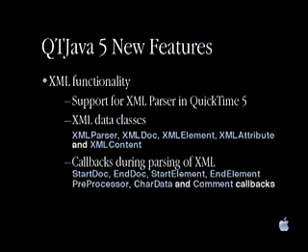You can get to these elements by creating callbacks, which will be called during the parsing of XML, so you can find out when the document parsing starts, when you reach a particular element, which will allow you to use the QuickTime's XML parser for pretty good XML parsing.